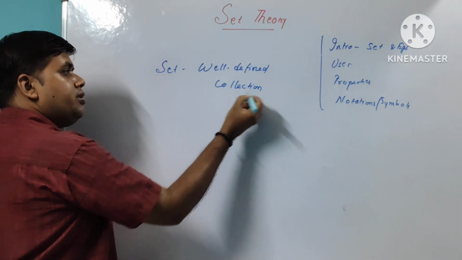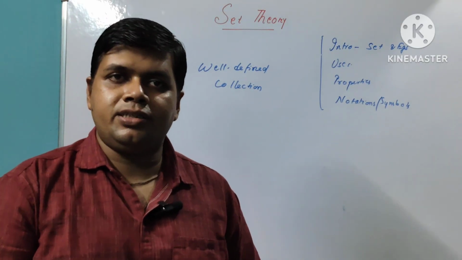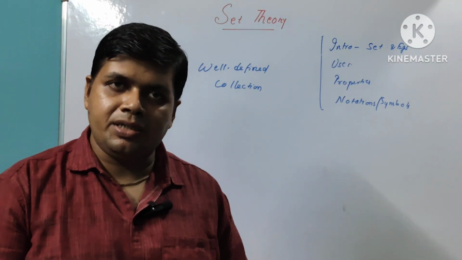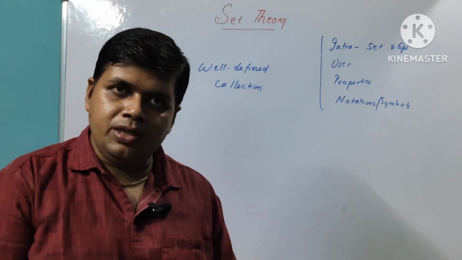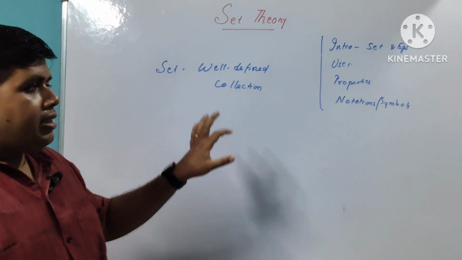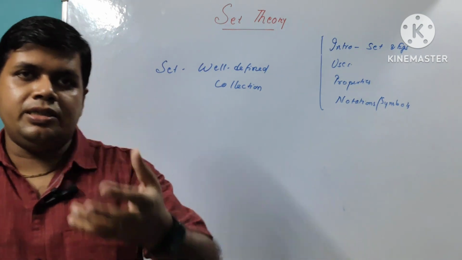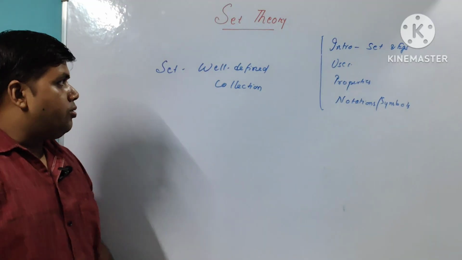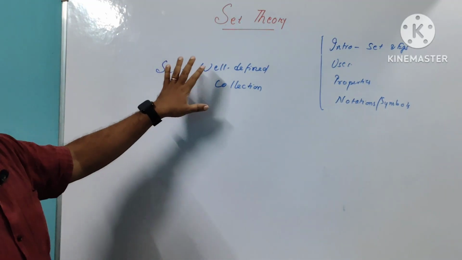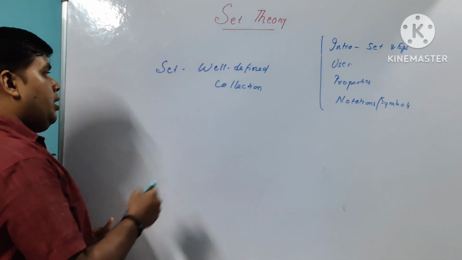The basic term is well-defined collection. This collection can be of any objects: numbers, days of a week, months of a year, even the names of the players in the Indian cricket team. So we can say that a set is nothing but a well-defined collection of objects.